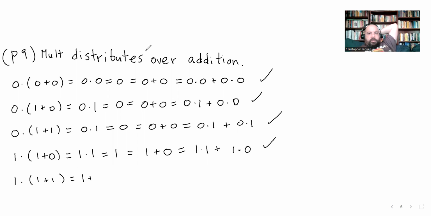Let's do 1 times 1 plus 0. All right, that checks out. What else? I have 1, 2, 3, 4, 5, 6, 7.